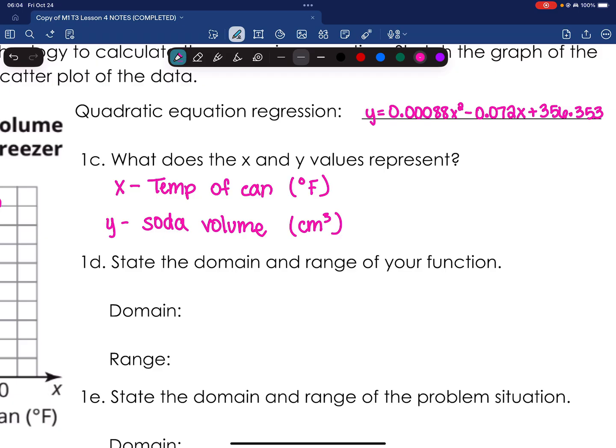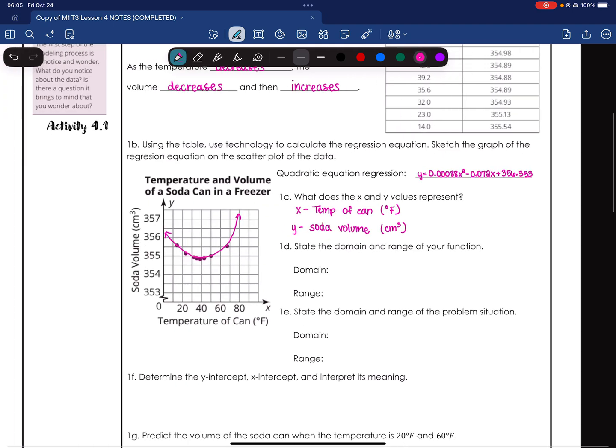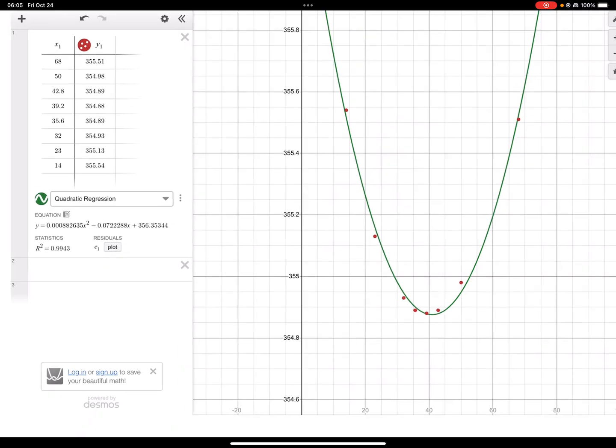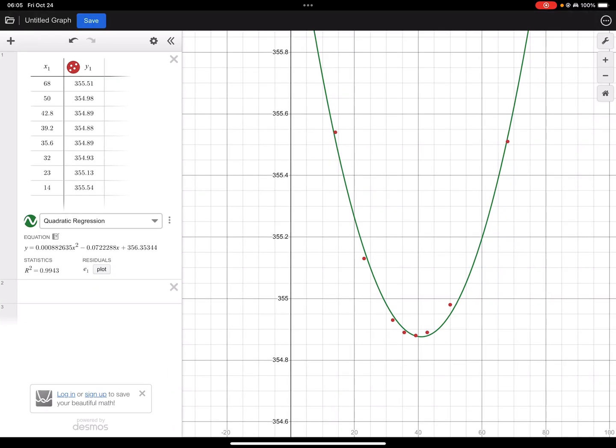Okay, now we're going to talk about the domain and range. So, as far as our graph goes, we're talking about this green graph, okay? We want to know what is the domain and the range of the graph, not related to the temperature of the can or the soda volume. So this is a quadratic function. A quadratic function's domain is all real numbers.